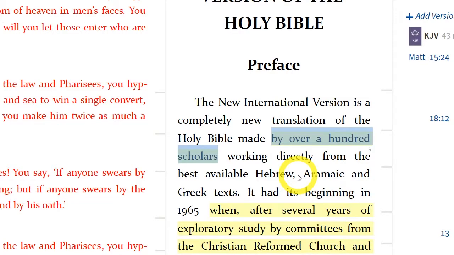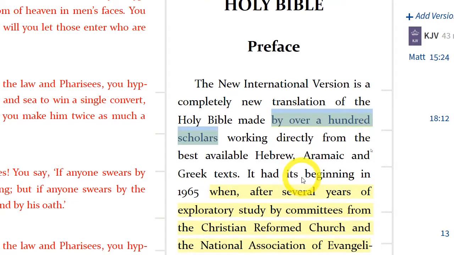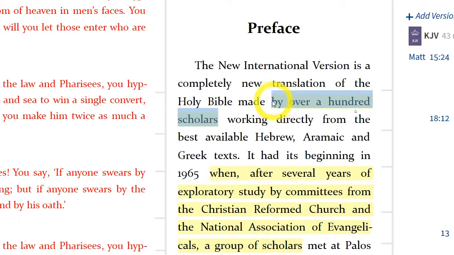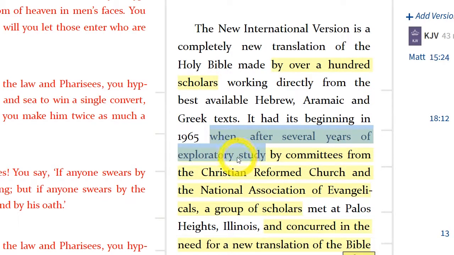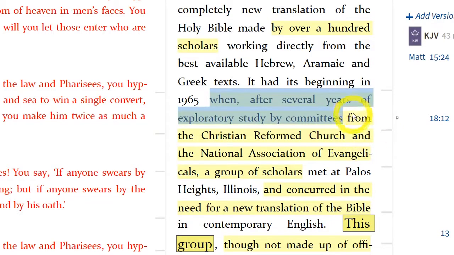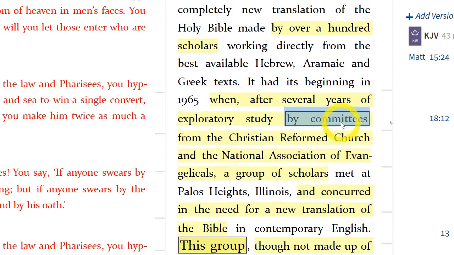Now that's the manuscripts that they claim are reliable, right? They claim that their manuscripts are better. After several years of exploratory study by committees, so they vote by committee, they've decided by committee that the words of Jesus need to be taken out because they've got manuscripts that they assume are better, ignoring all the other evidence, and they just don't want those words there.